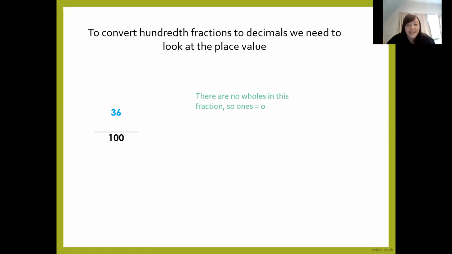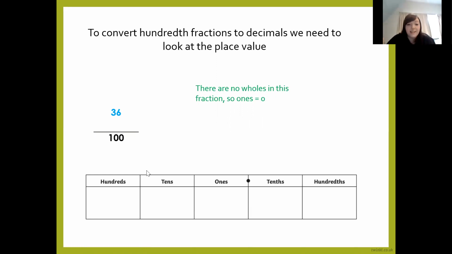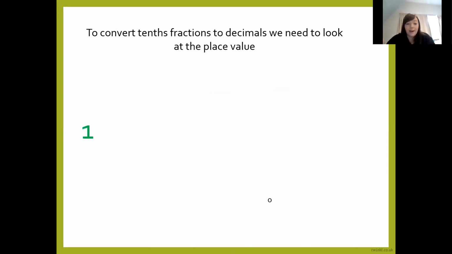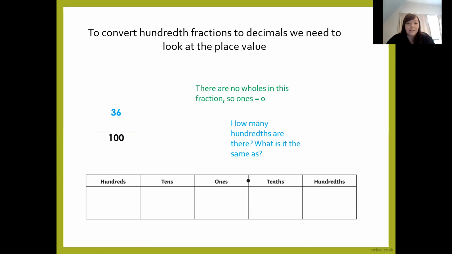Okay, try 36 hundredths. Pause the video now and put 36 hundredths into your place value grid. Okay, so you should have 0 ones, your decimal point, and 3 tenths and 6 hundredths. So it's 0.36.